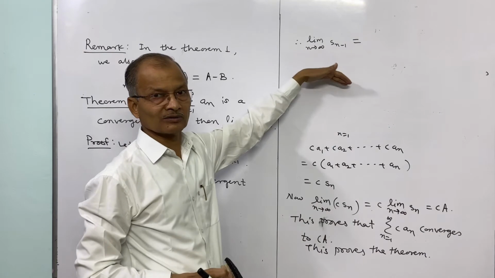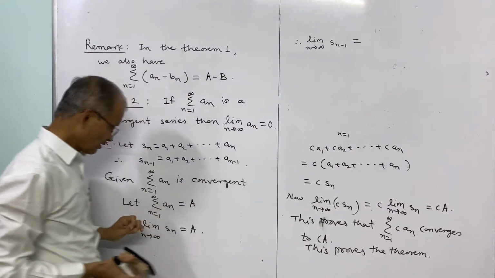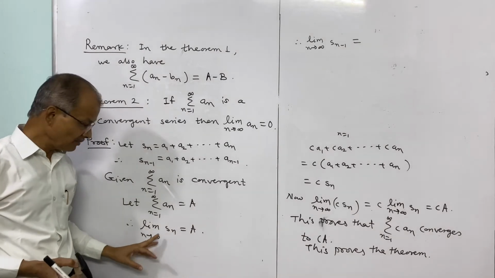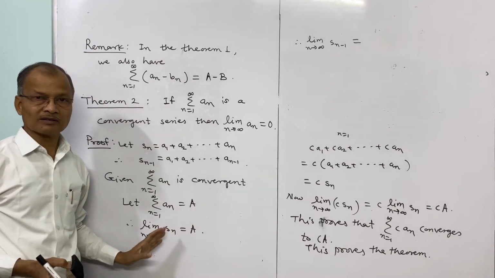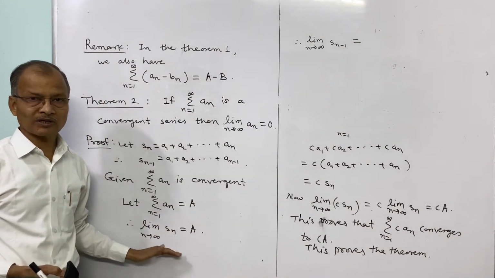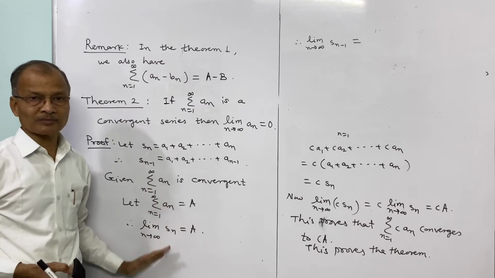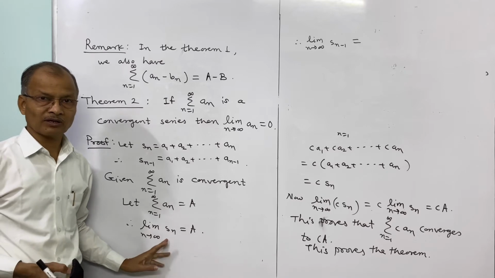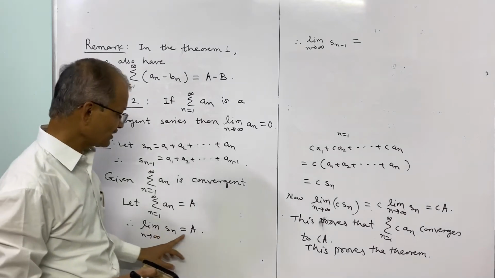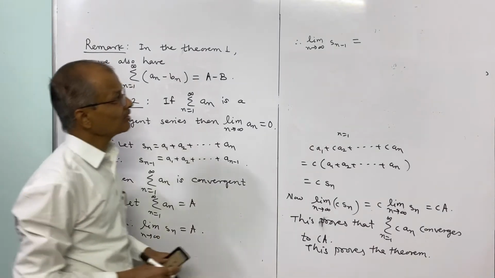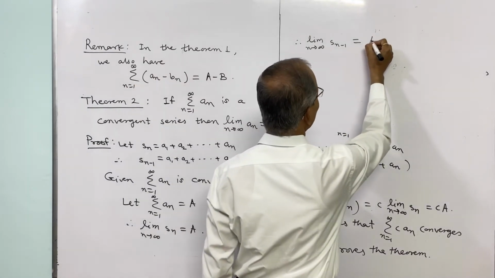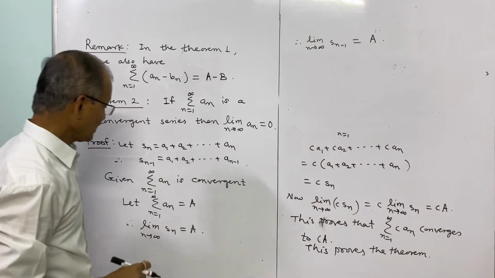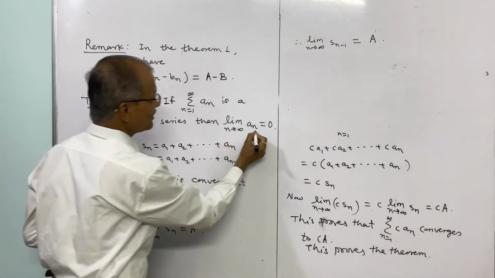And therefore for a convergent sequence, the limit of Sn and the limit of Sn minus 1 are the same. Or, for a convergent sequence, all its subsequences also converge to the same limit. The limit cannot be different. And therefore if the limit of Sn is A, the limit of Sn minus 1 is also equal to A. That we should note. And now what we have to show is the limit of An.